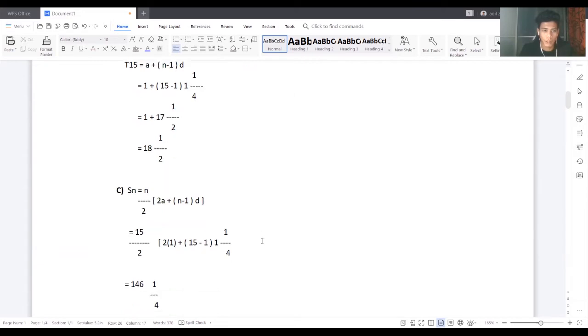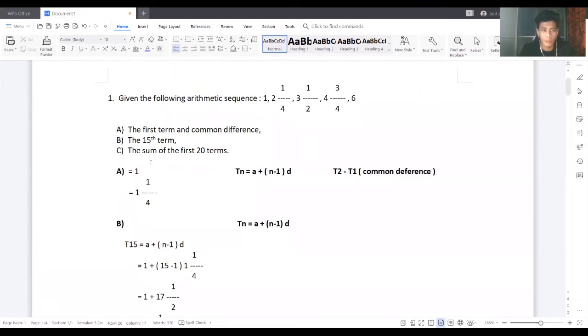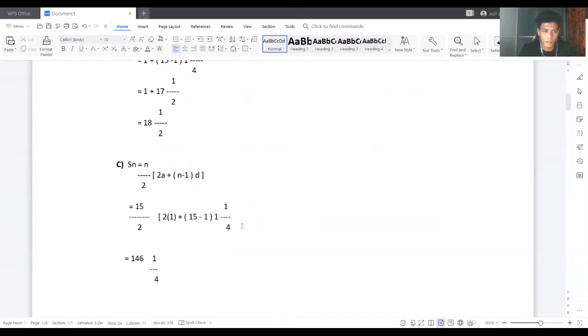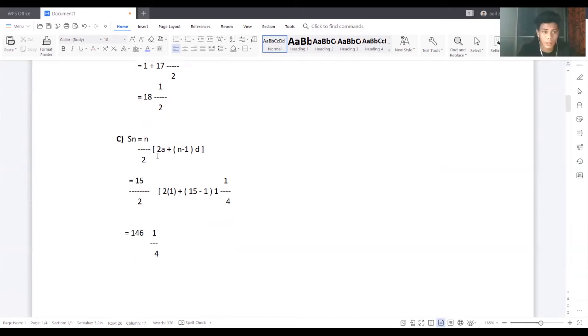Moving on to question C, which asks for the sum of the first 20 terms. For this question, we can use the formula for the sum of the first n terms; this is the formula right here.